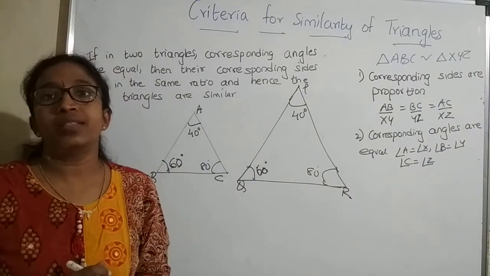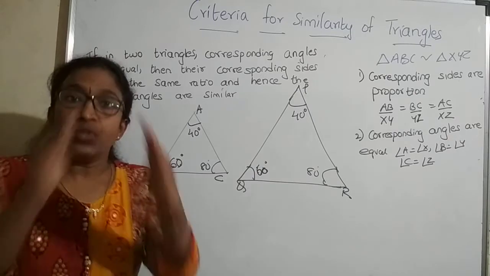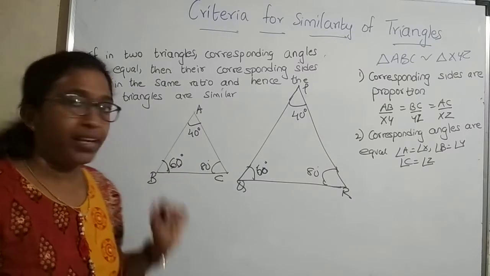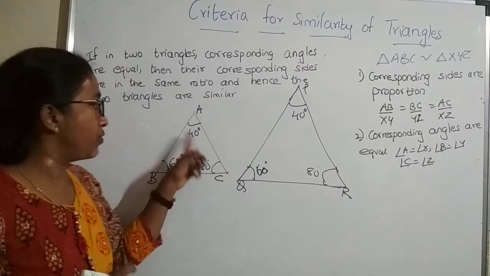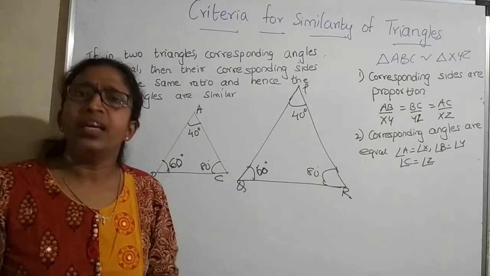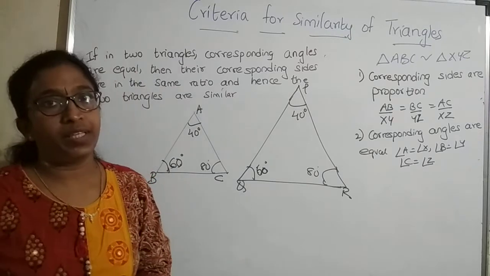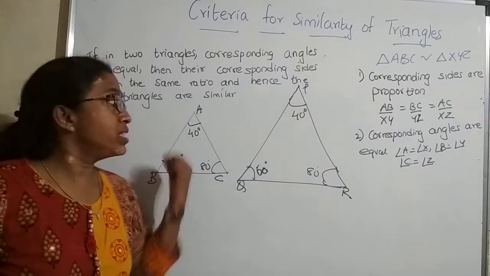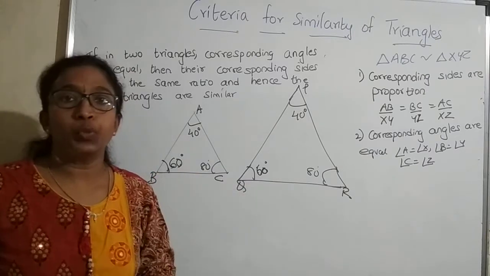I'm not going to discuss the theorem, only the criteria. So on a paper you just make two triangles, don't consider the length, only the angles, in such a way that this is 40, 60 and 80, and the other is 40, 60 and 80. Any triangle that satisfies the angle sum property, you all know that. So draw two triangles of the same angles, all the corresponding angles should be equal.